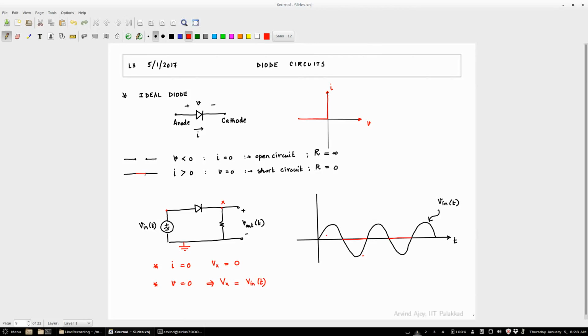It has to happen whenever this is not happening, right? So in this situation, V is 0, right? V is the voltage of the diode. So if V is 0, basically whatever is in the input will come to the output, right? So your Vx is equal to Vin of t. So basically the output is going to follow the input there.